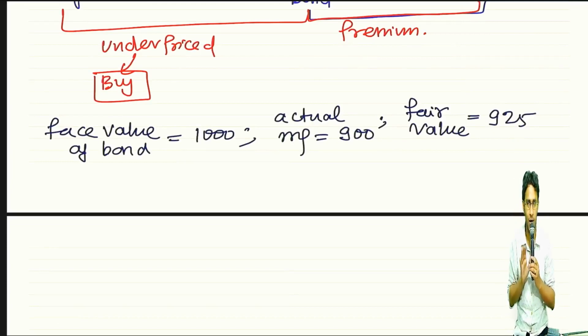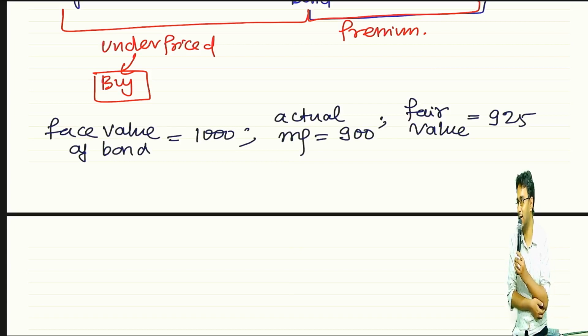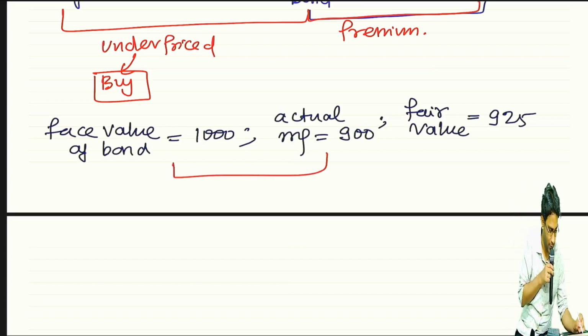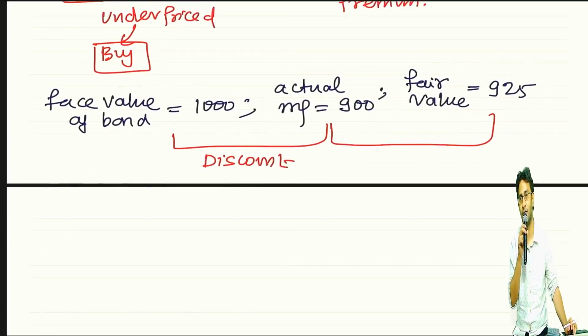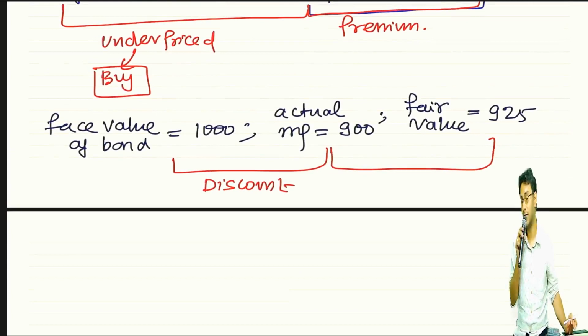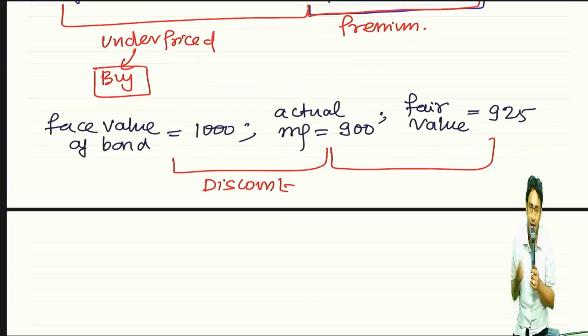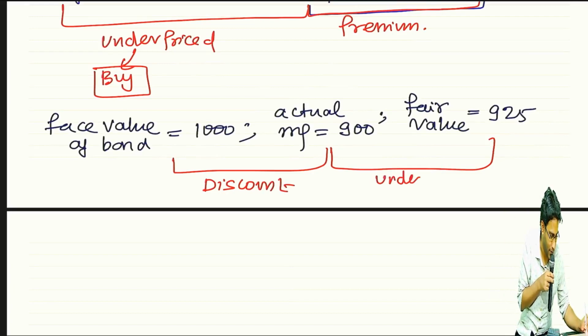But tell me, if it is discount, does it mean that it is cheap? No. Premium, does it mean it is costly? No. Good. The bond is definitely trading at discount. Tell me, bond is overpriced or underpriced? Why discount and underpriced both are same? It's a pure coincidence that discount is there and luckily the bond is also underpriced. You will definitely buy the bond.